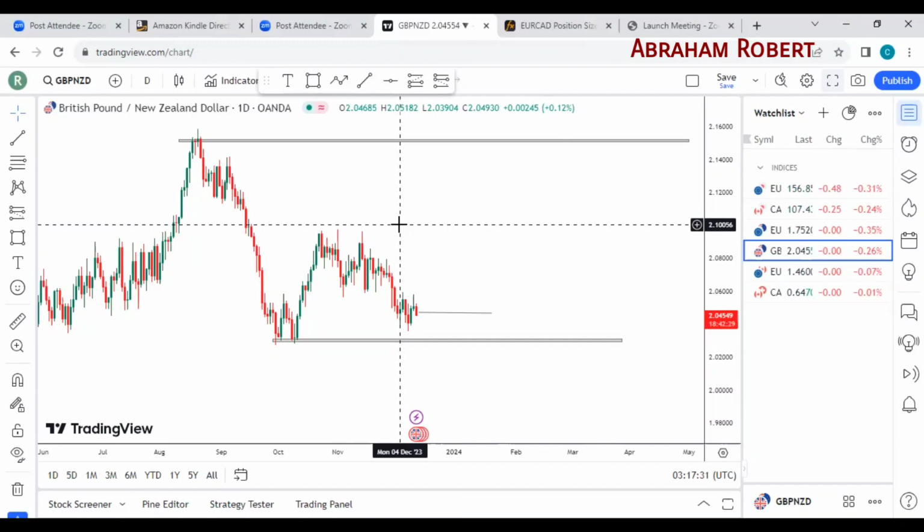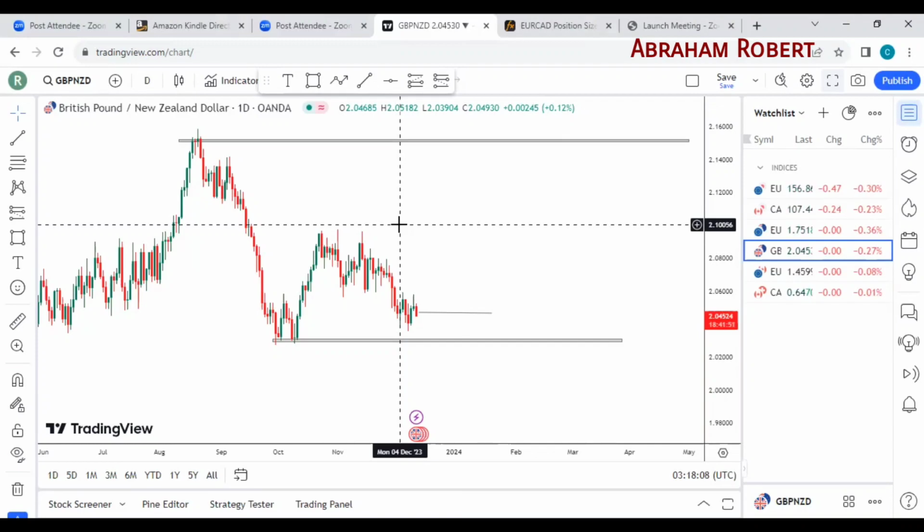You get it? Sometimes you don't know how volatile a pair may be at a particular time. But with this calculator, you can easily get the exact lot size to use, and it will still give you the same amount you want to risk on that trade, no matter how volatile the market is at that time.